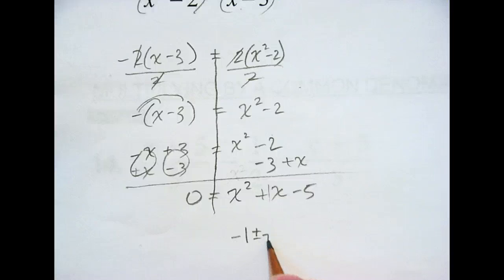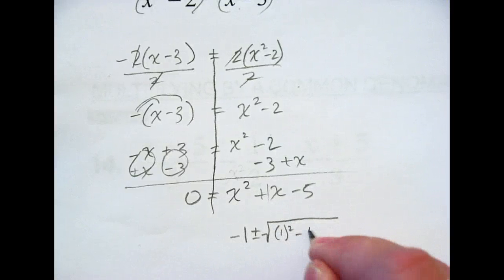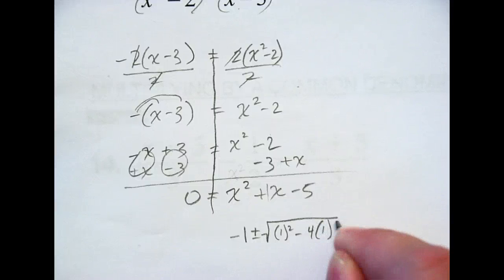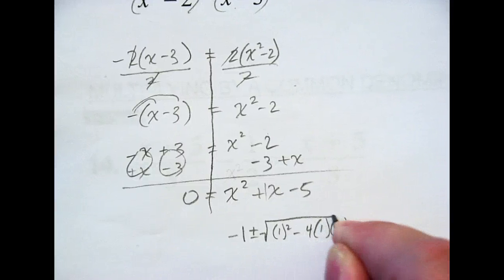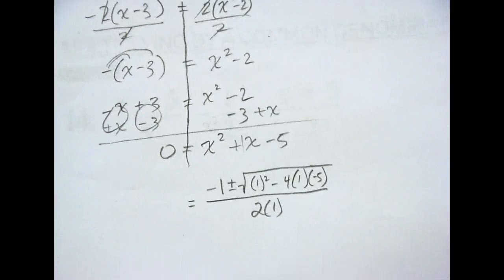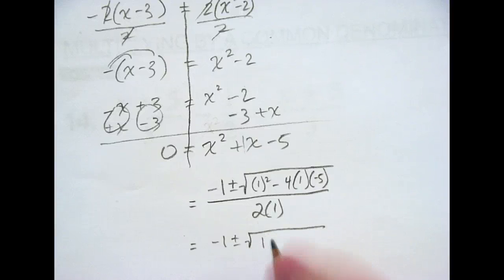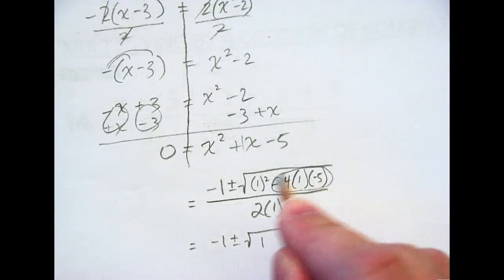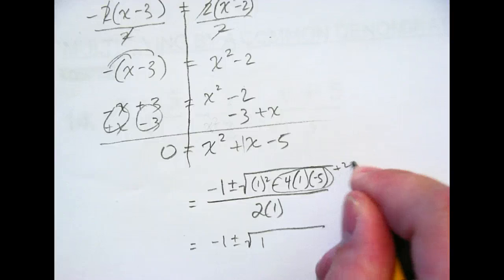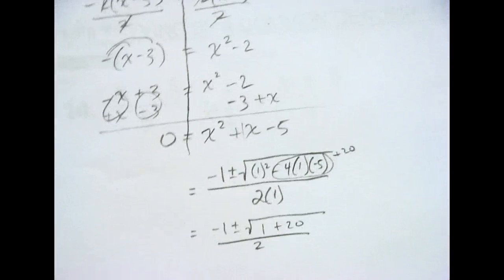Opposite of b, plus or minus the square root of b squared minus 4 times a times c, all over 2a. All right. So we get -1 plus or minus the square root of 1 plus, that's a positive 20, right? So plus 20 over 2.